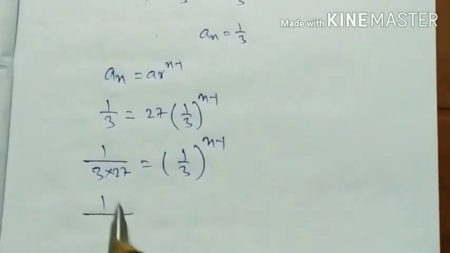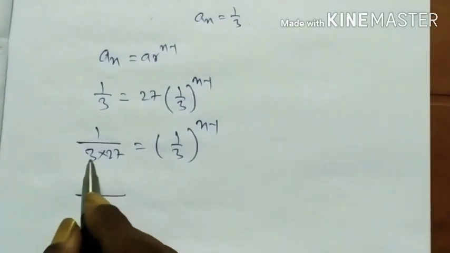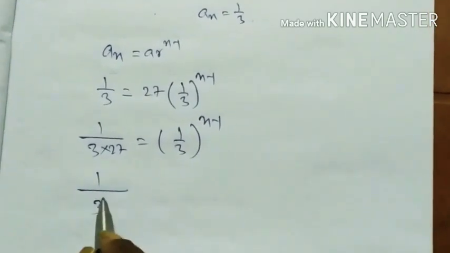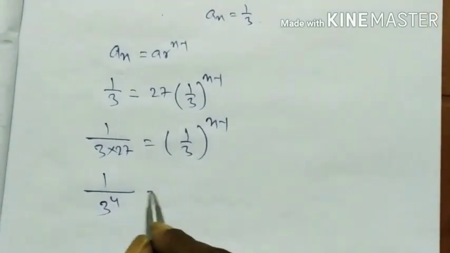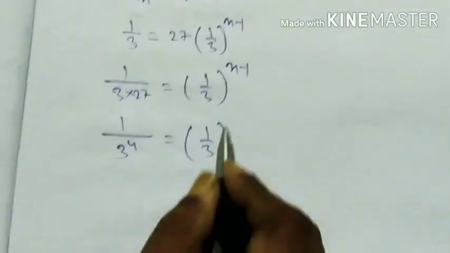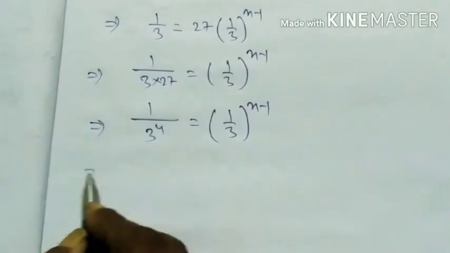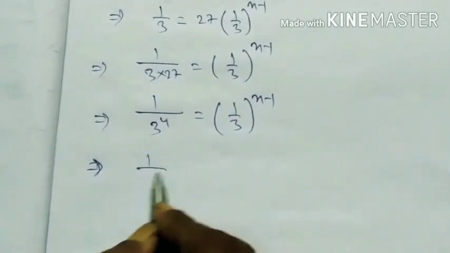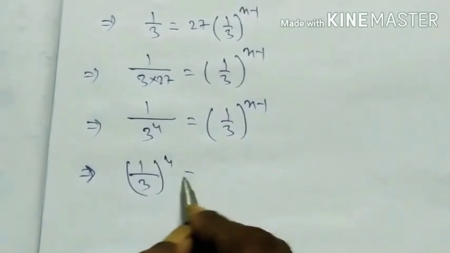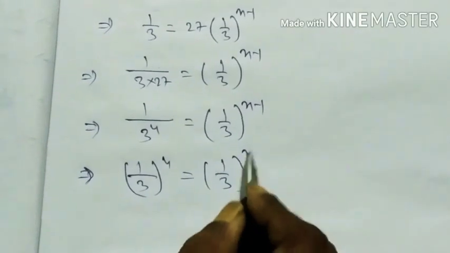This 27 is 3 cube, and so it comes to be 1 by 3 to the power of 4 is equal to 1 by 3 to the power of n minus 1.